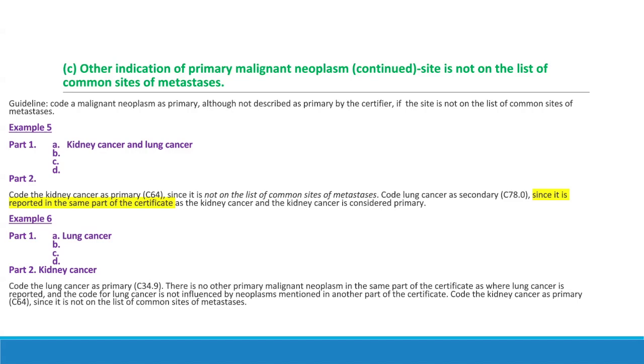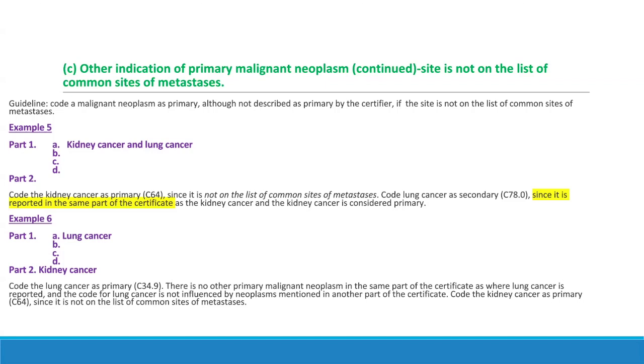Example 6 shows lung cancer coded as primary, C34.9, because there is no other primary malignant neoplasm listed in the same part of the certificate, and kidney cancer is also coded as primary, C64, since it's not a common site of metastasis.